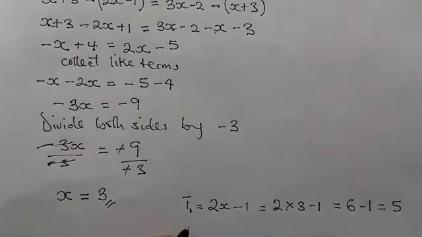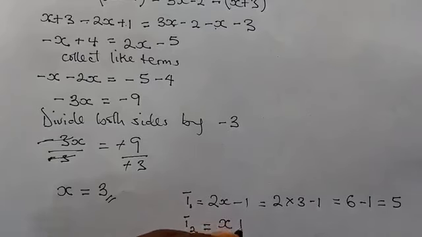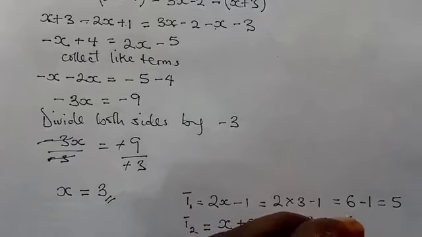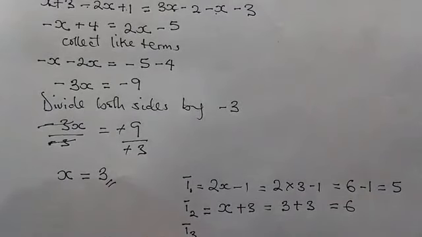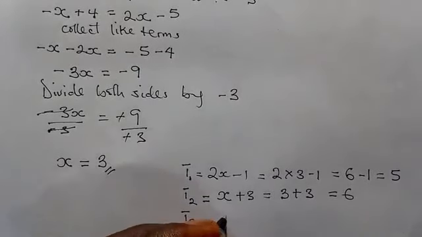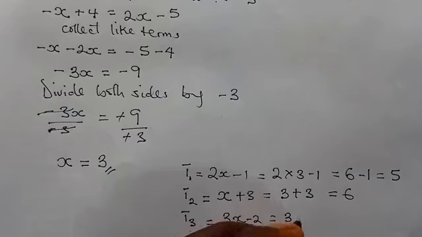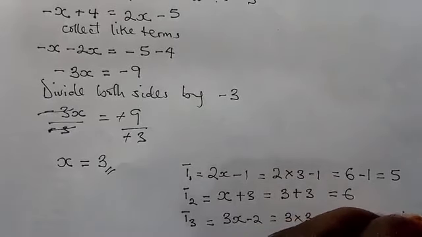For the second one, t2 is equal to x plus 3. And what is the value of x? 3 plus 3. That gives us 6. Also, we substitute for the third term. T3 is equal to 3x minus 2. And that's equal to 3 multiplied by 3 minus 2. That is equal to 3 times 3 giving us 9, 9 minus 2 giving us 7.